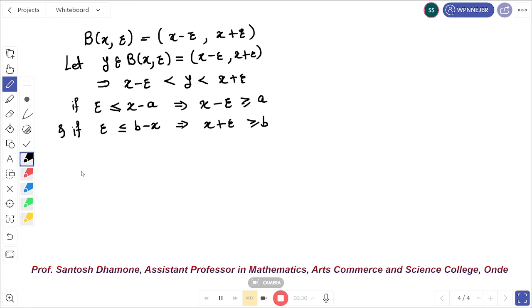Then capital G is open in X. In this problem, X is R2 space and d is the Euclidean metric on this X. Then we have to show that G is an open set in X.